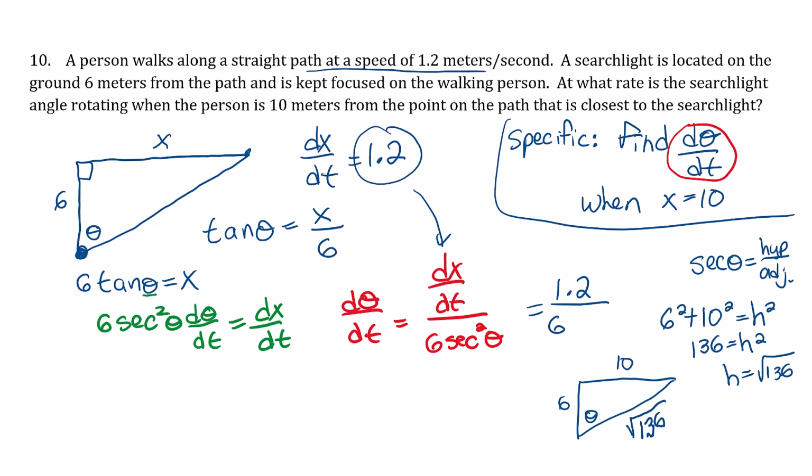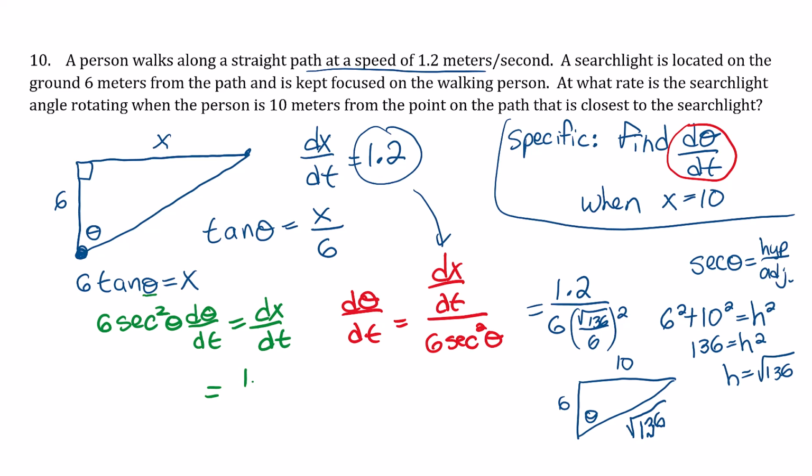Now that we have that, we can put in sec θ and square it. So the secant is hypotenuse over adjacent, so square root of 136 over 6, but that needs to be squared. So let's go ahead and simplify that.